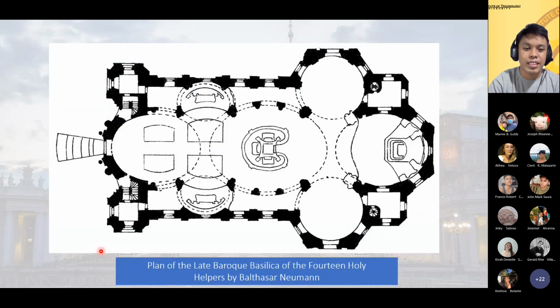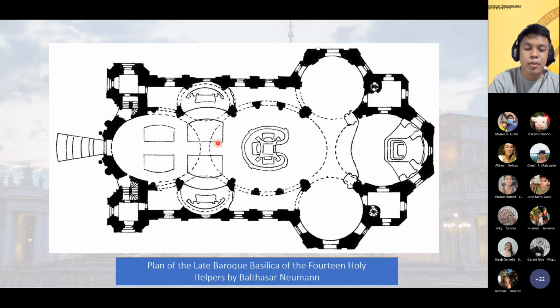And here, it's a plan of a basilica of the Fourteen Holy Helpers. So if you notice the way they planned it, they included oval spaces. So here, the narthex, the nave, it is no longer purely vertical, horizontal, or rectangular.